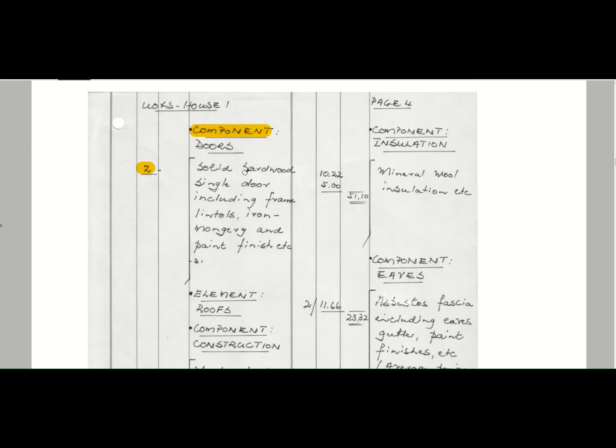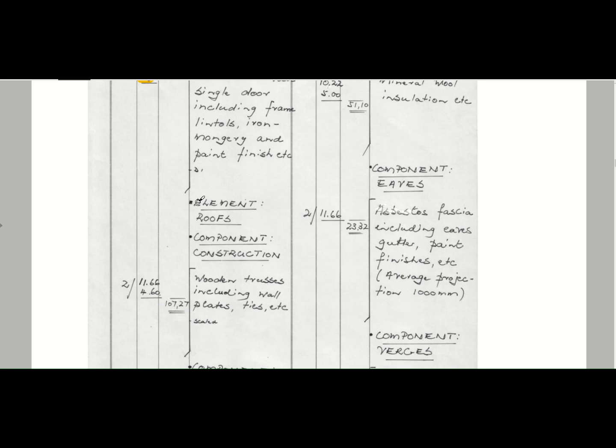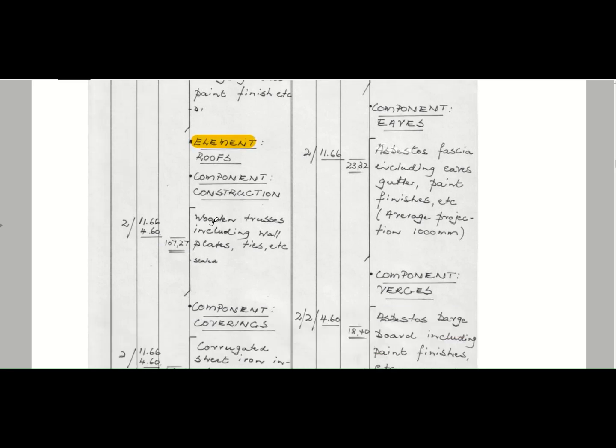Okay, so then you've got your doors, and your element, your roofs, component construction, wooden trusses that you measure, including wall plates, ties, etc. Here they've measured it in length, and you've got 2, so you can see it's measured over the length of your roof. The main thing that you need to remember here is to compare apples with apples.